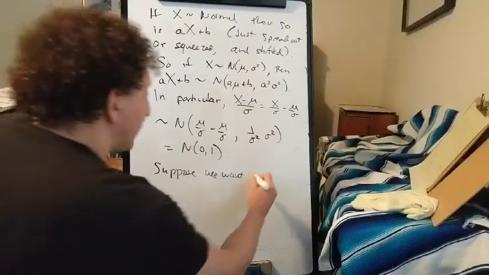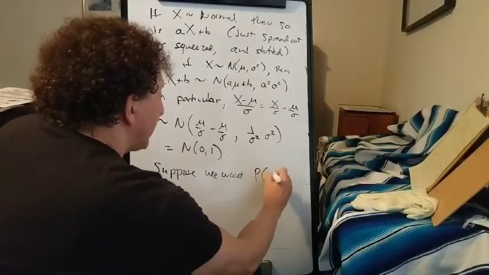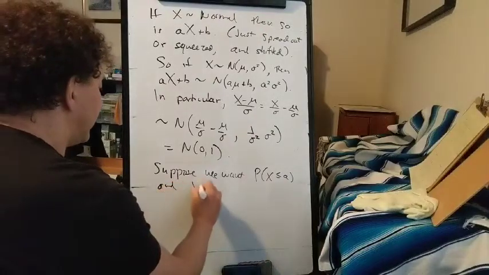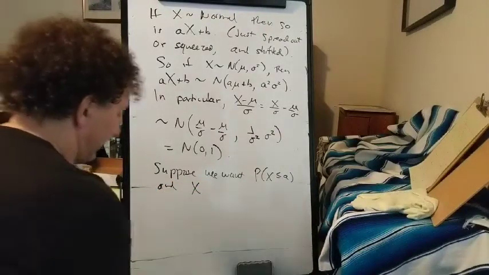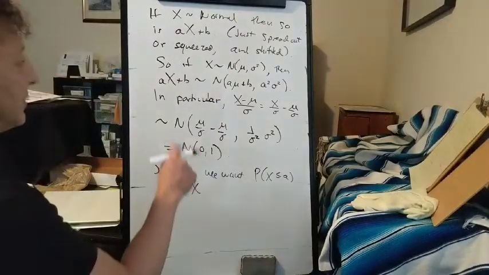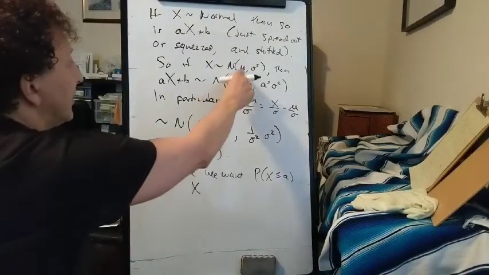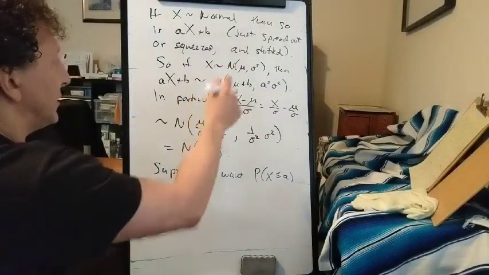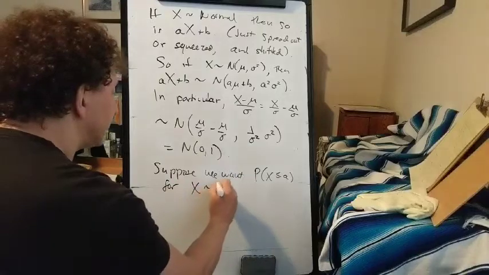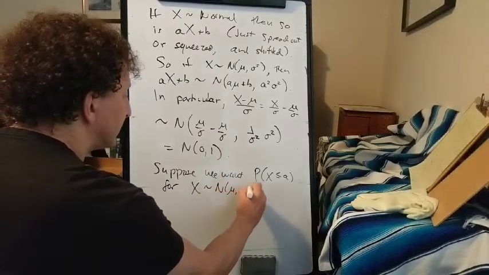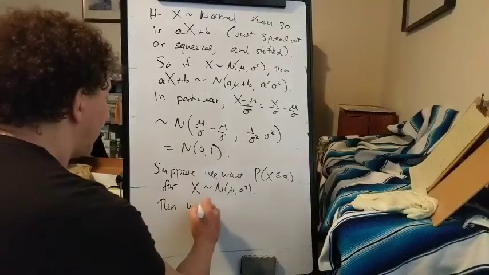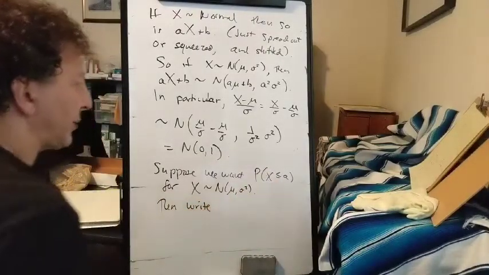Suppose we want the probability that X is less than or equal to a, when X is a normal variable with mean mu and variance sigma squared. Then we can play with this.